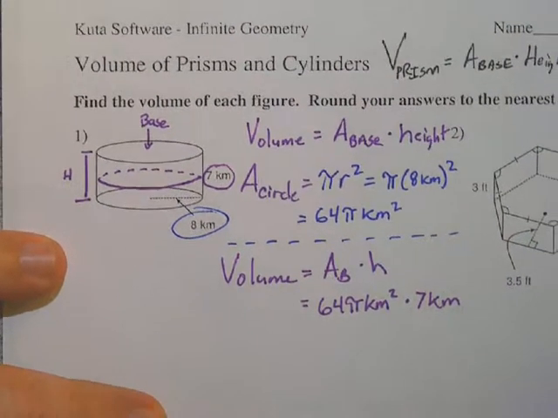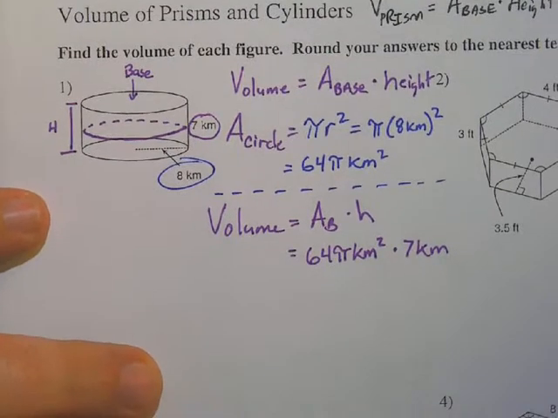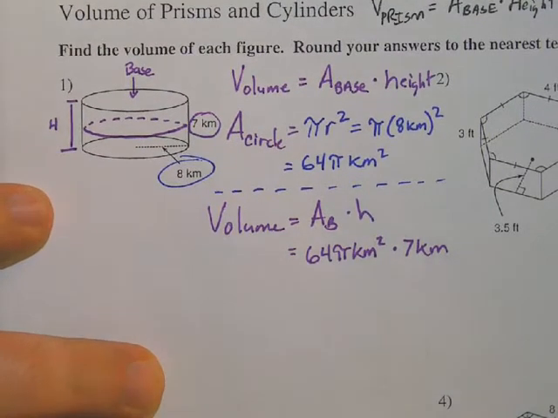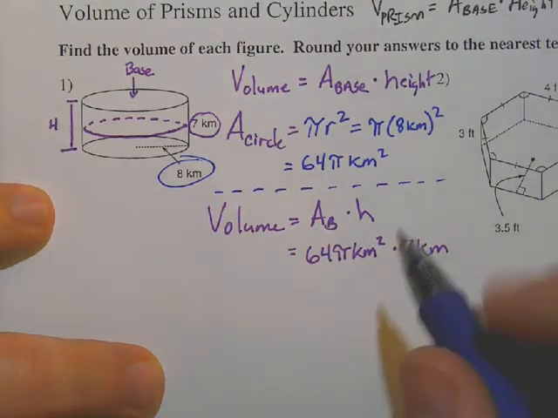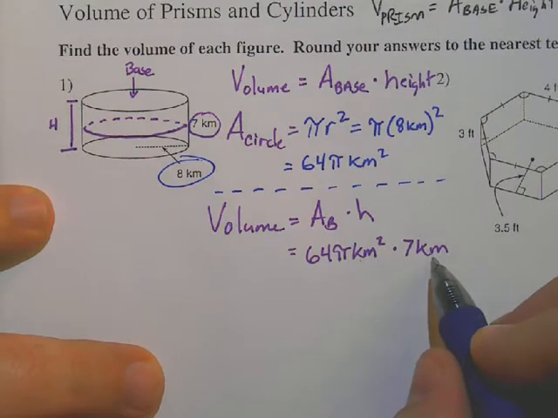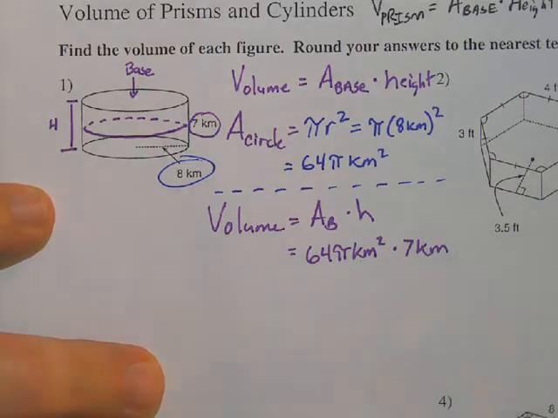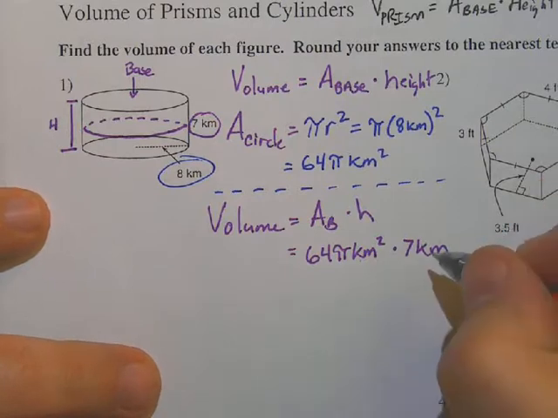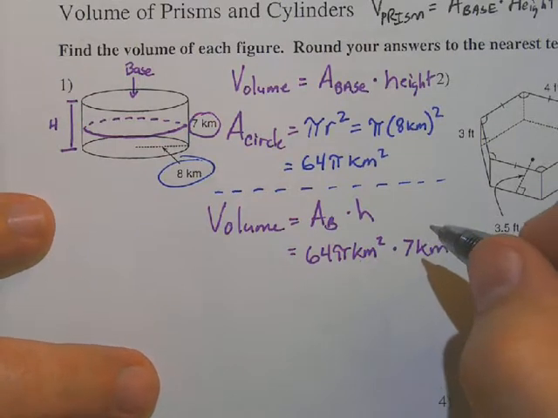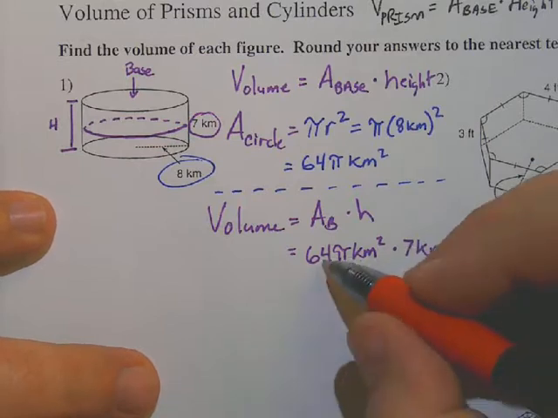Now observe the units, guys. I'm going to move this up a little bit so we've got room to see here. Keep in mind what's happening with your units. It's always important to do unit analysis. So if I look, I've got kilometers squared times kilometers, and that's going to end up giving me kilometers cubed, because there's 3 of them there. All right, so the 64 pi and the 7, you normally can't add numbers like pi's with numbers that don't have pi's, but you can always multiply them.